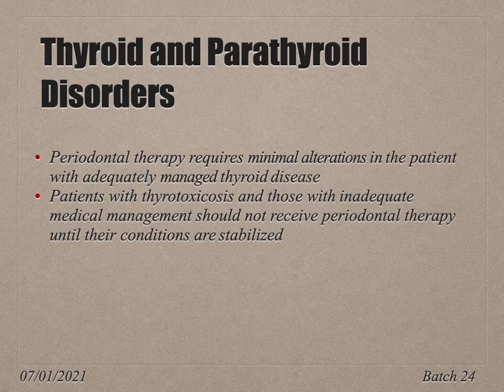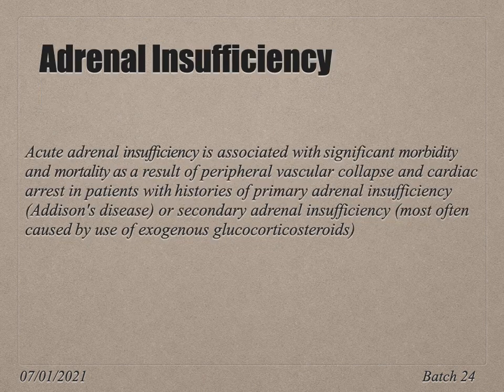So don't give any periodontal therapy for patients with uncontrolled thyroid levels, either hyperthyroid or hypothyroid. First let the patient take the treatment for thyrotoxicosis, then you can treat the patient for periodontal problems.